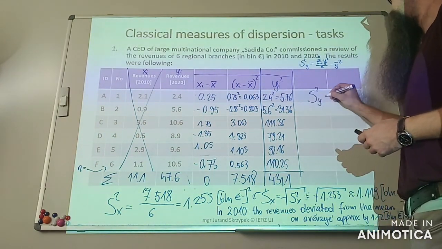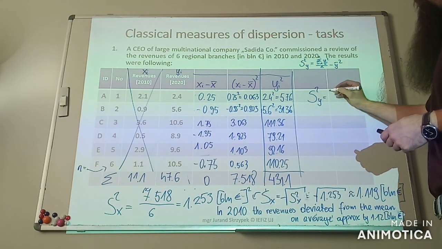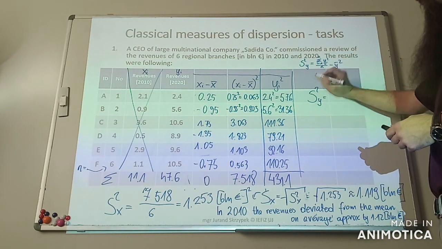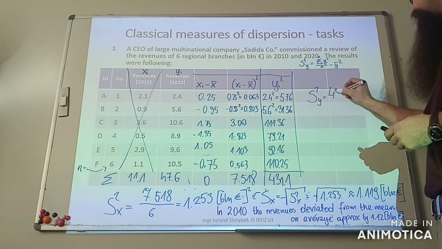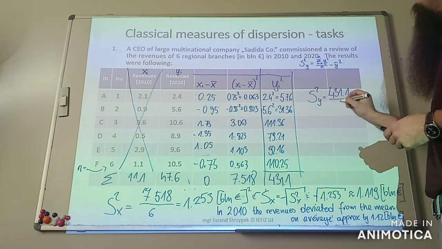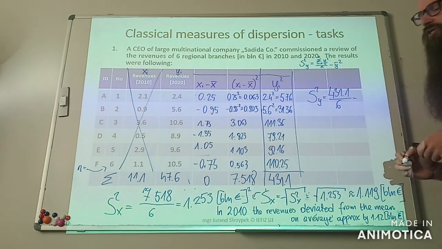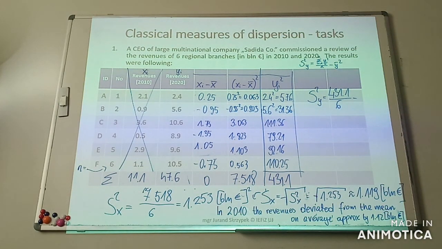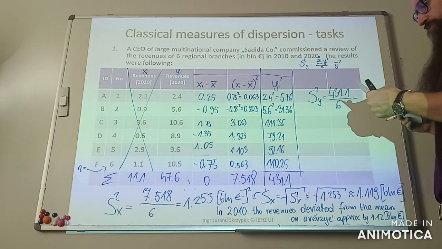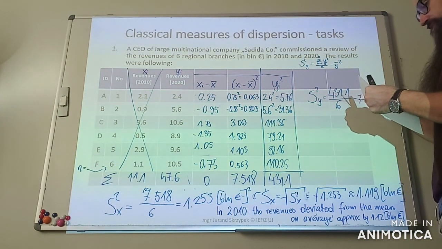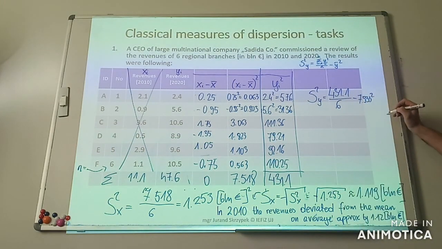The variance of attribute y values is the sum of that column, which is 431.1 divided by 6, because 6 is the population size, minus mean value of y squared. Mean value of y was 7.933 squared.